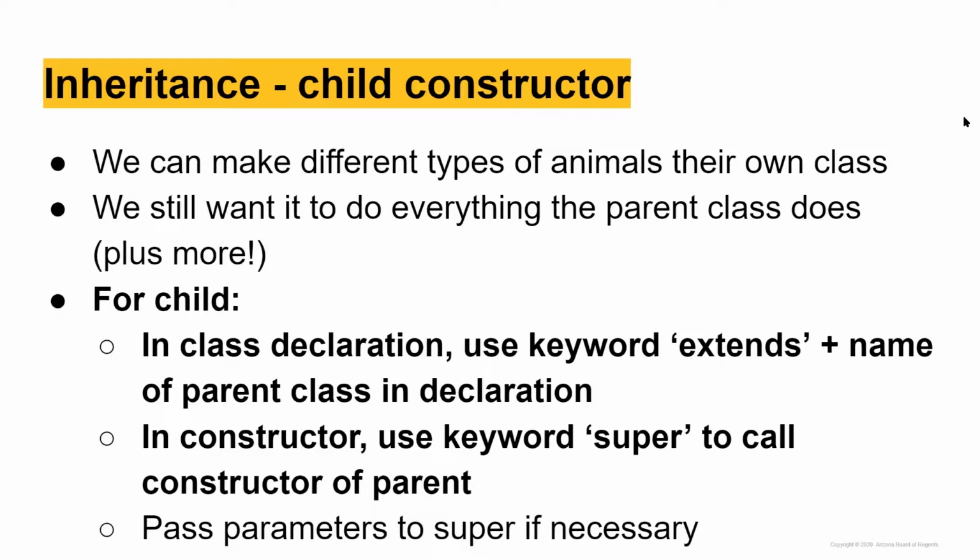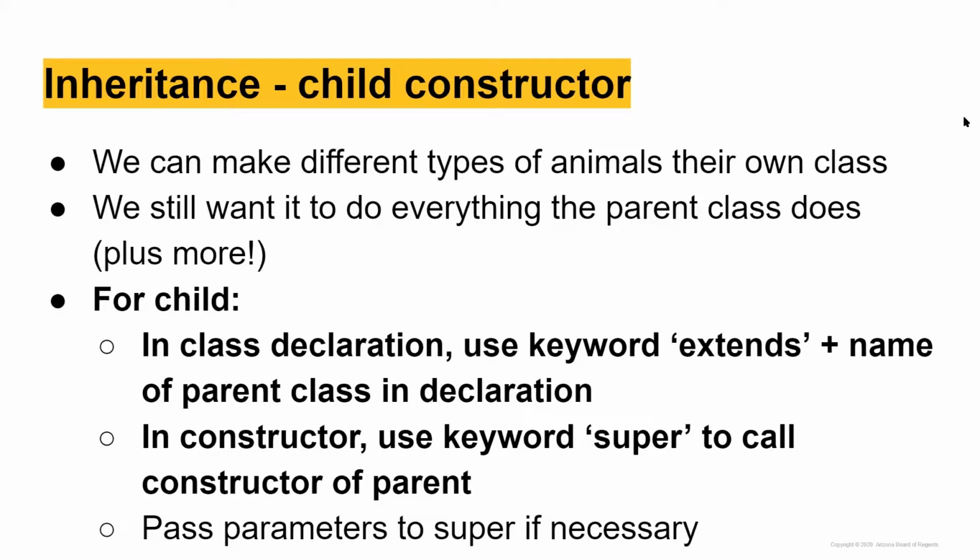This lets the compiler know that we are basically copying everything over from the parent class into this new class, and then we're going to change and add things on top of that as we want to.